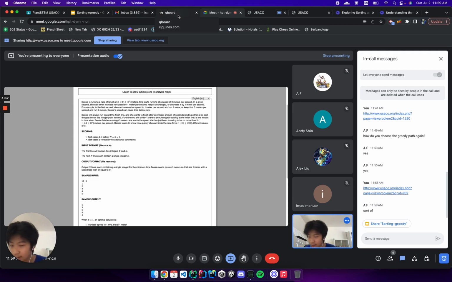So then the question is that basically we have some value x where Bessie wants to finish a k meter race where she ends the race with speed at most x. And then we have to find this value for x from 1 all the way to n.